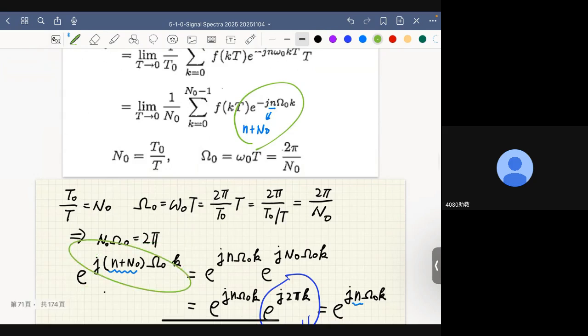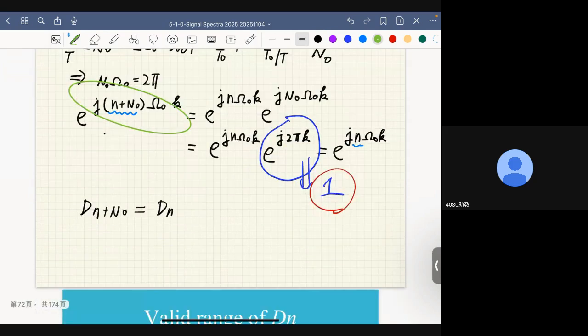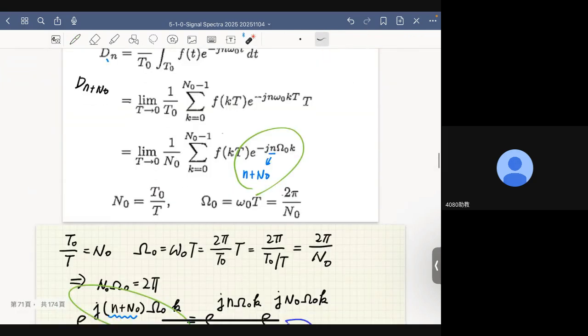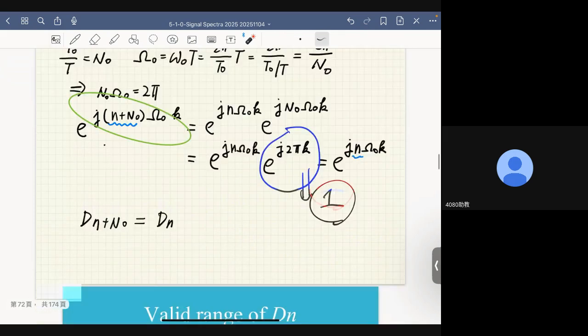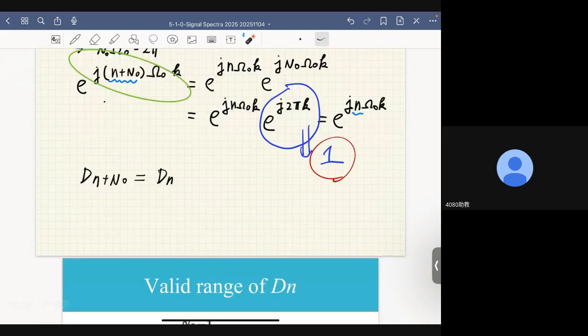This is the reason why we come to this conclusion: by using this equality to determine Dn, we are bound to have this result. And this result is not acceptable.